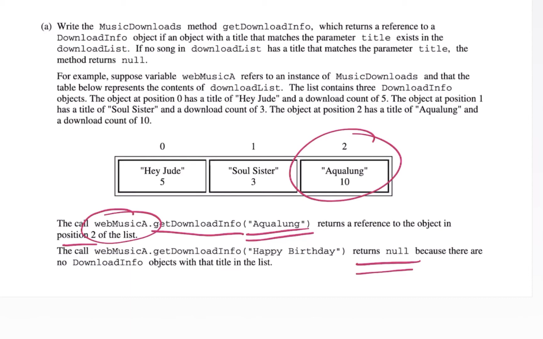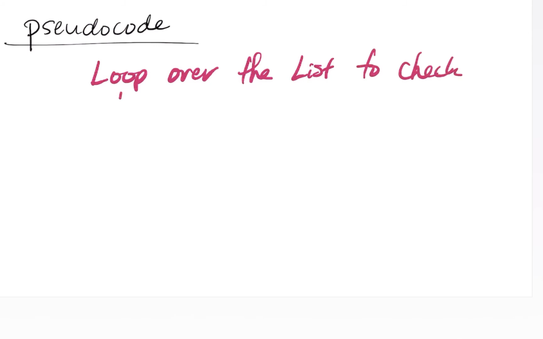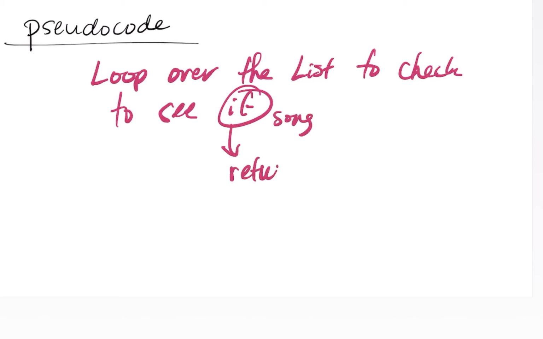And so now we can dive in. Now that we know what they're asking, we can dive into some pseudocode here. So we know that we need to loop over the list to check to see if, there's that if statement, if the song is there, then we know that we want to return that object, that song object.